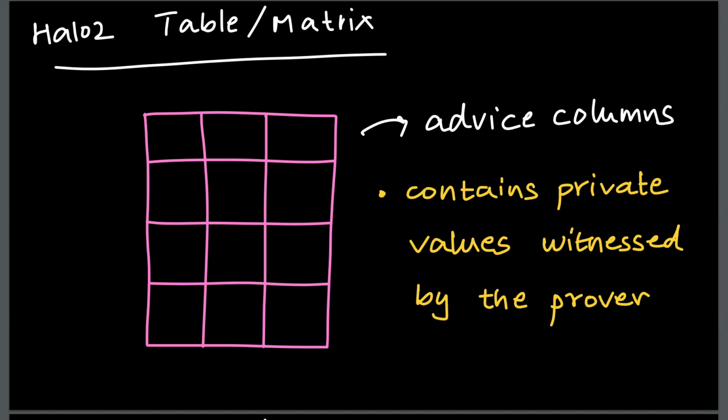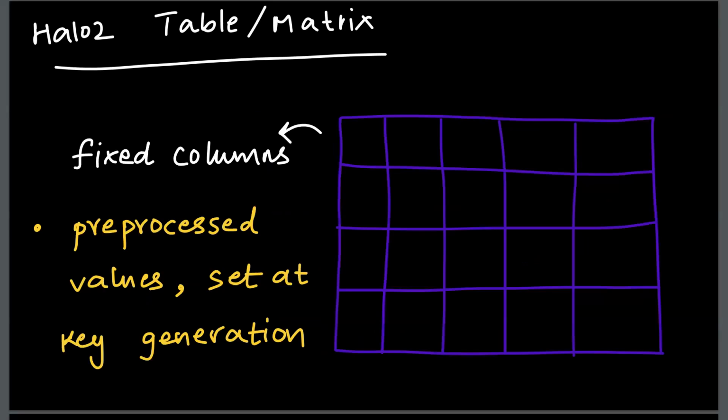These values are accessible to the prover and not the verifier. And then you have the fixed columns, which are filled at the time of key generation. Most of the time, fixed columns are used by lookup tables or something which is known beforehand, that is, pre-processed values.